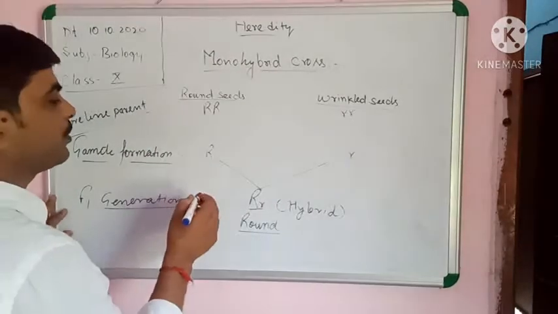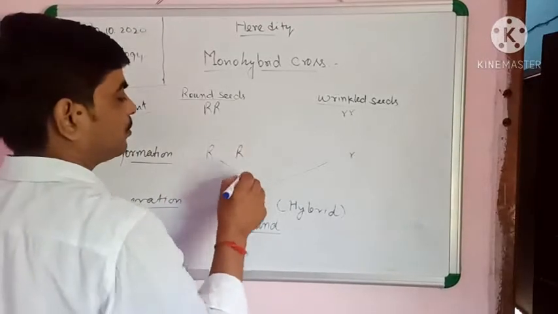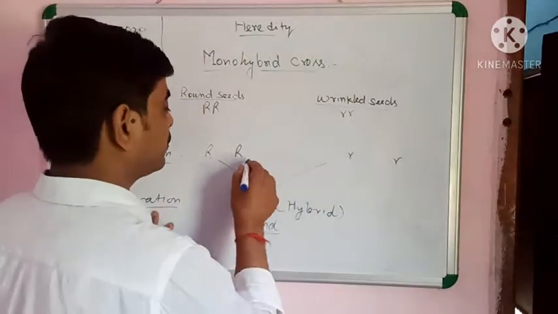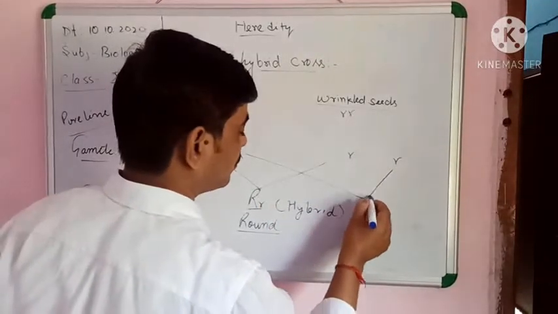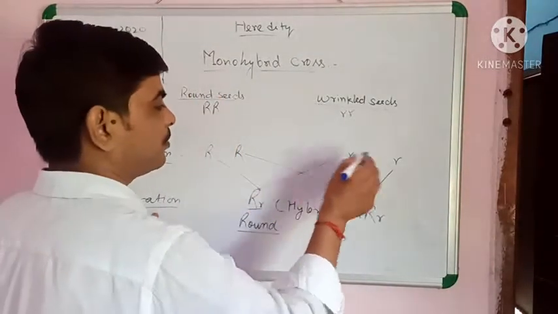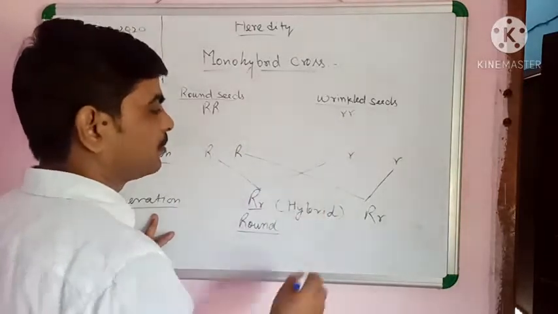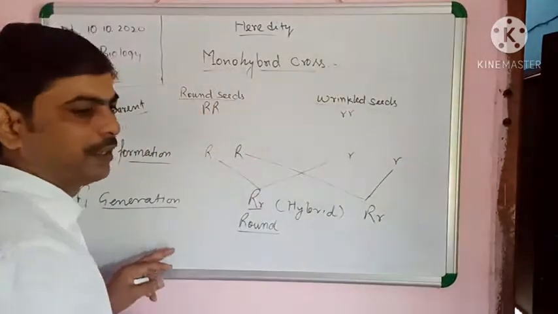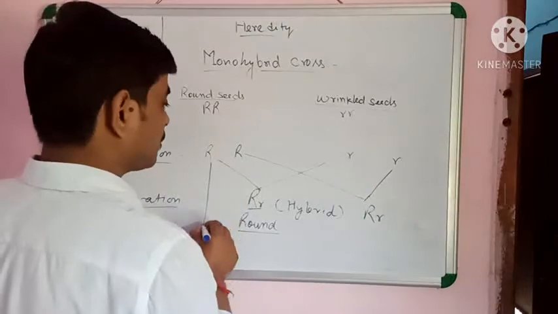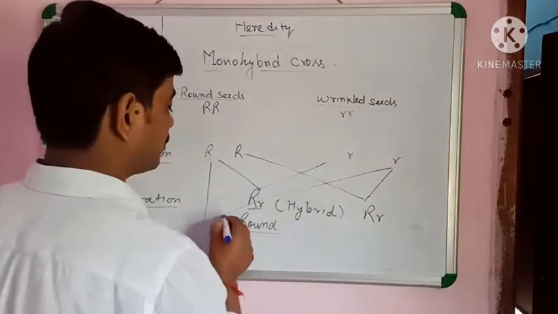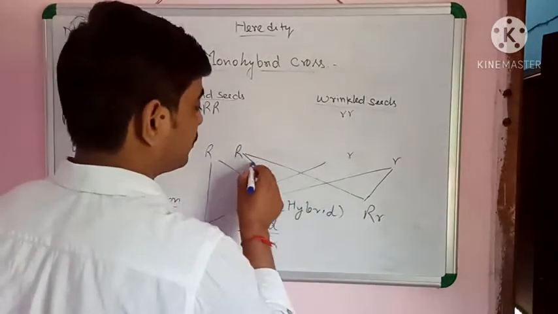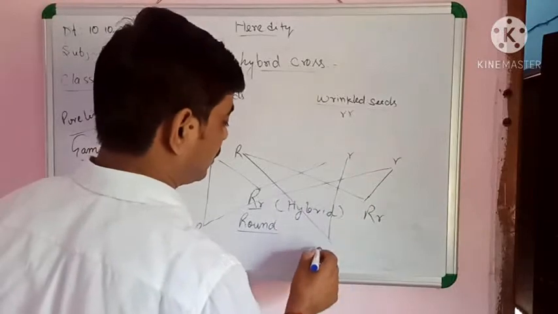You can see here, suppose gametes are found in this way. Then this, and again this with this, so 4 combinations will be there. Now this round seed is crossed with this, and again this is crossed with this.